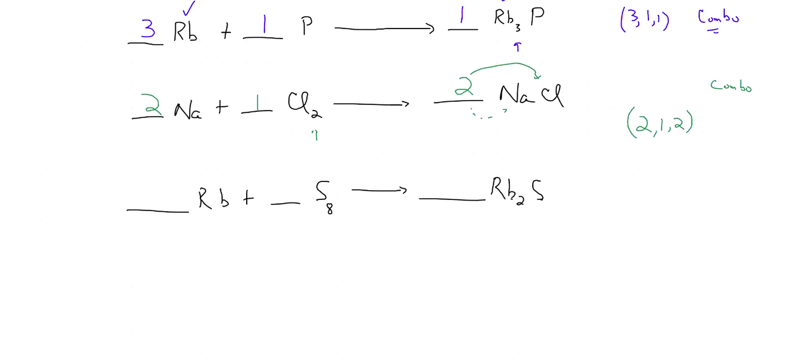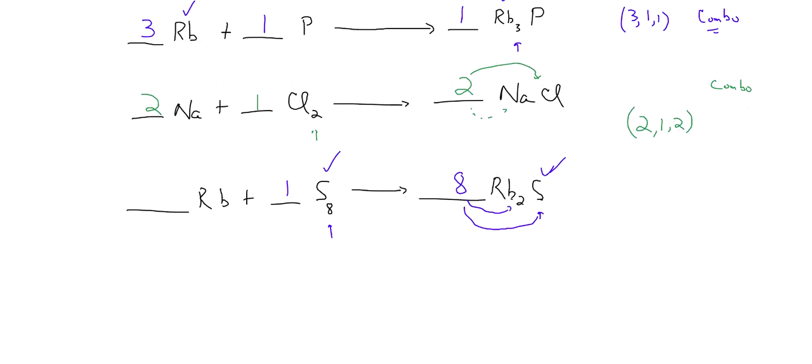Well, again, my first guess, let's balance the S's, sulfur. You see there's 8 sulfurs here, and there's 1 sulfur here. So if I put an 8 there, now I have 8 sulfurs there. And if I put a 1 there, we have 8 sulfurs. So sulfur looks good. But now we've got 8 times 2 is 16 rubidium.